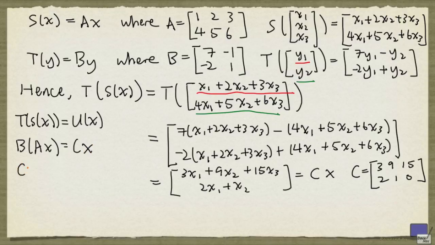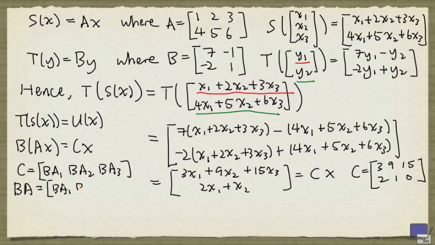One can indeed verify that the matrix C can be obtained from first computing these columns, BA1, BA2, and BA3, where A1 is the first column of A, A2 is the second column of A, and A3 is the third column of A. And now, if we define the product B times A to be precisely this, then we can write B open bracket Ax close bracket is equal to the product BAx.